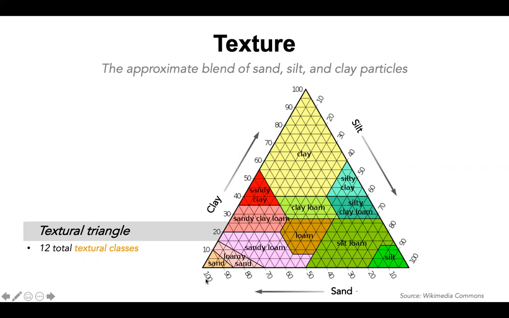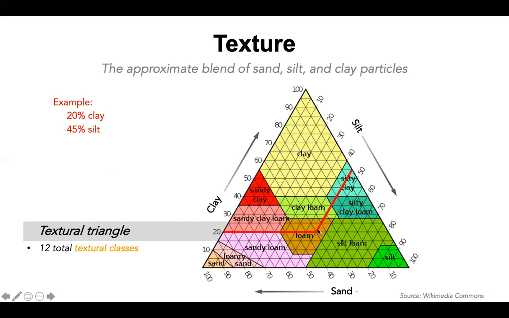Now, it's a little tricky to read this, so I just want to do a quick example for you, work through it together. So let's say we have 20% clay. So we start here, 20% on our clay axis, and we move sideways here, right? So this line here is 20% clay. And let's say that we have 45% silt. So again, here's our silt axis, 40, 50, so we're 45% right here. And we move along this line here.